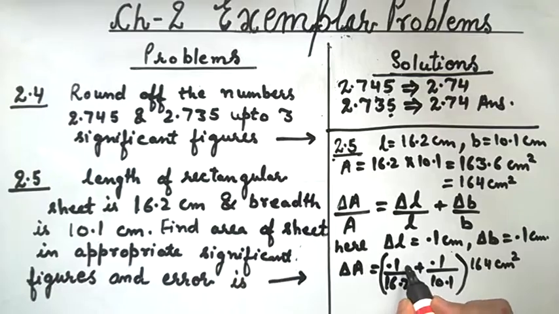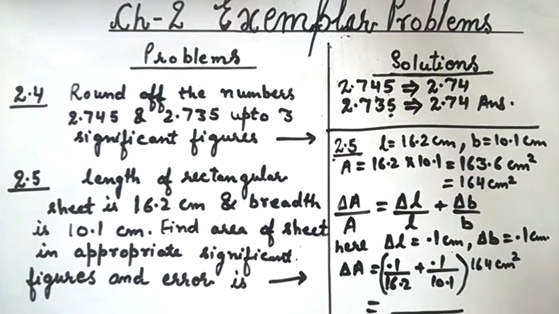Here 0.1 centimeter and 16.2 centimeter, so the units will cancel out. Here also 0.1 centimeter upon 10.1 centimeter. So when we take the LCM, its product is equal to 164.